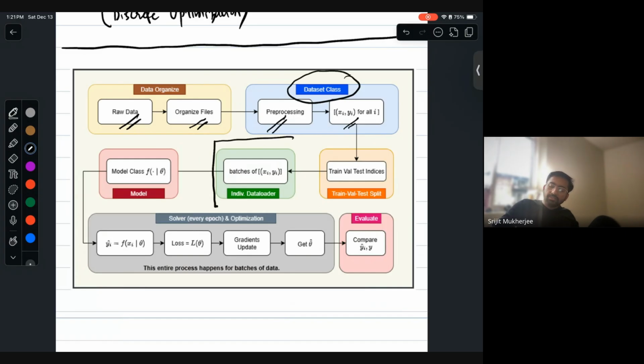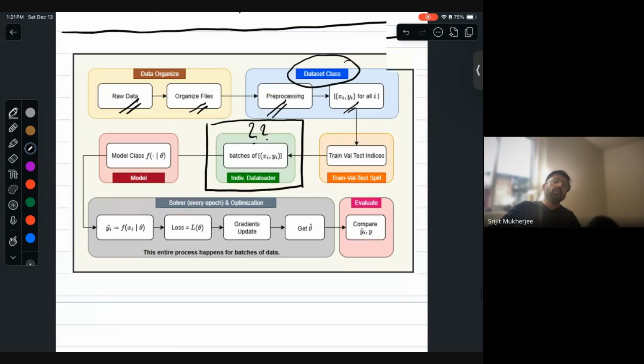Why do we need to divide into batches? This is the most important aspect. We have the train test file setup, that is also true, but this is the most important. What is a batch here? Why do we need batches?